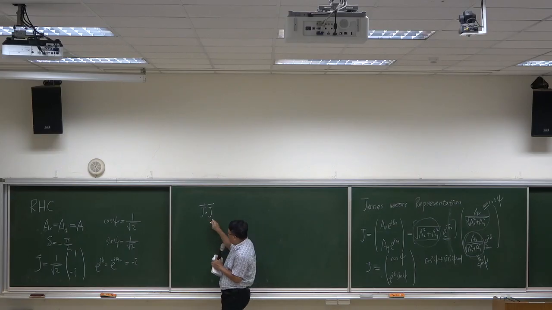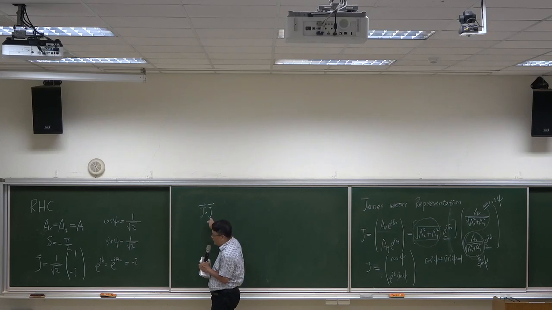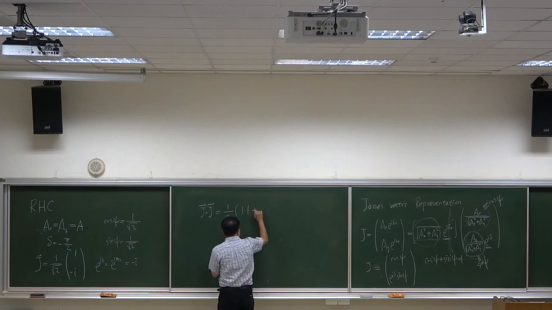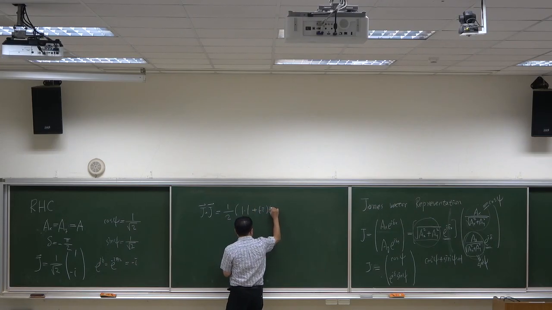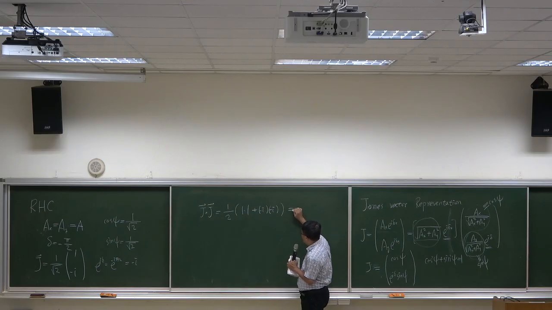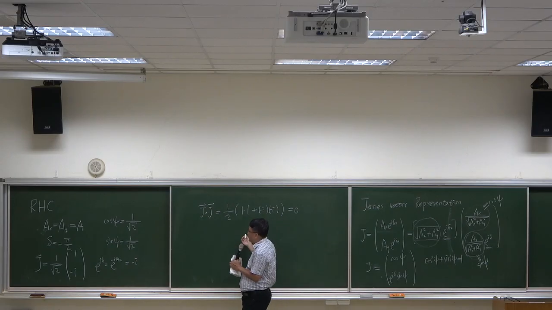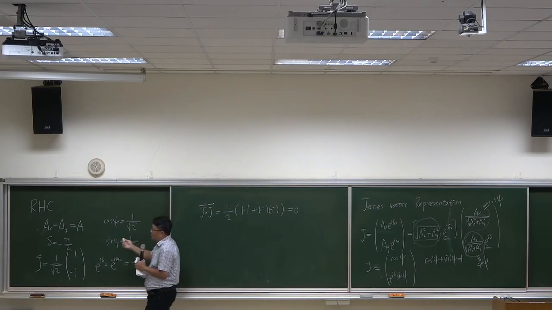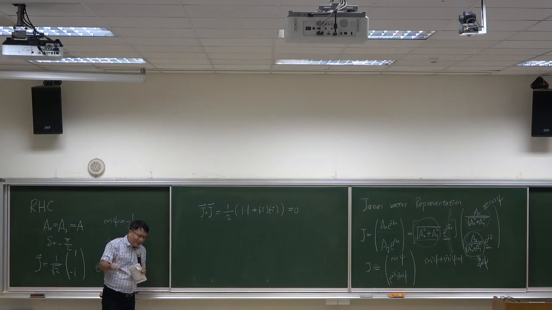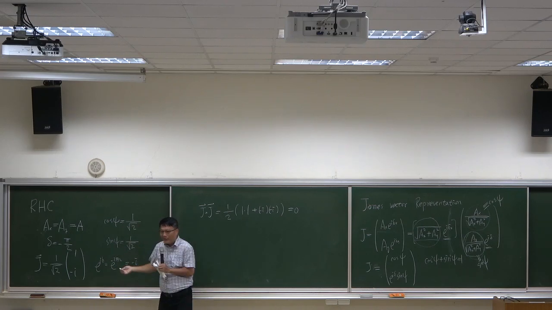If we use this definition, then we encounter this, and we get 0. This is nonsense, because we know right-hand circularly polarized light is not a zero vector.